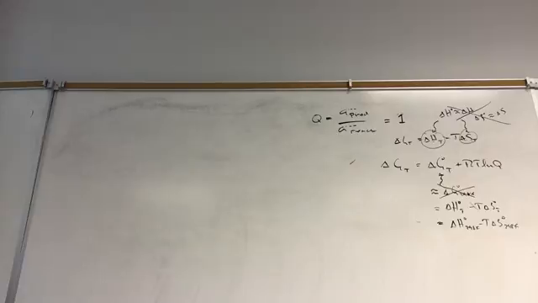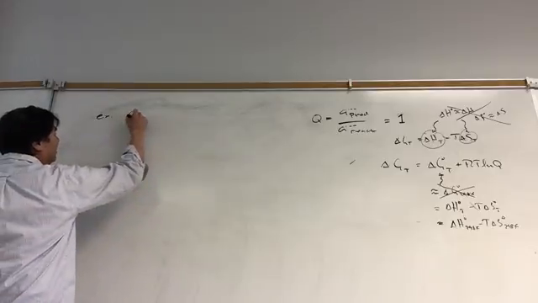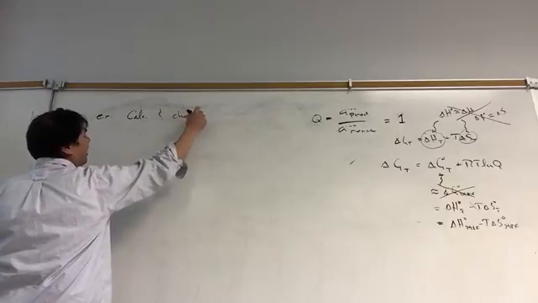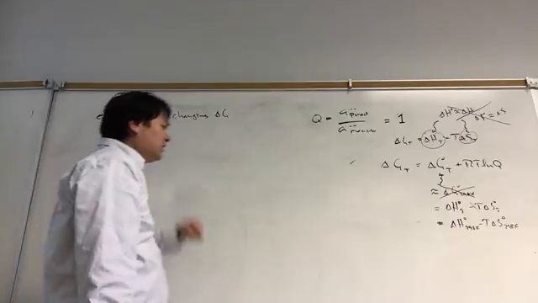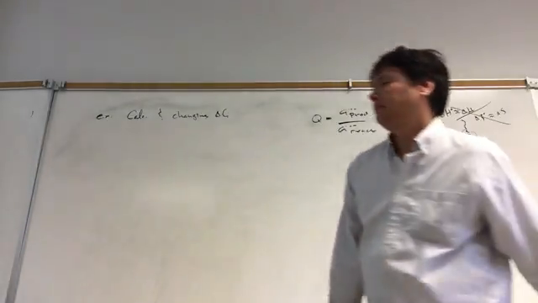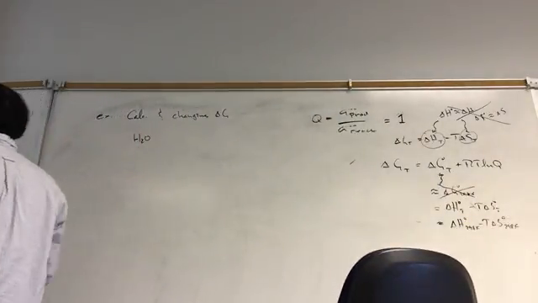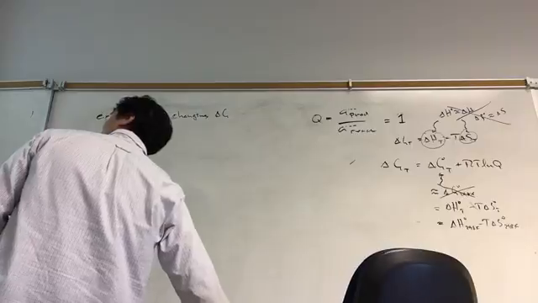All right, so let's look at an example calculation. In this example, we're going to calculate delta G and change it by altering some stuff.